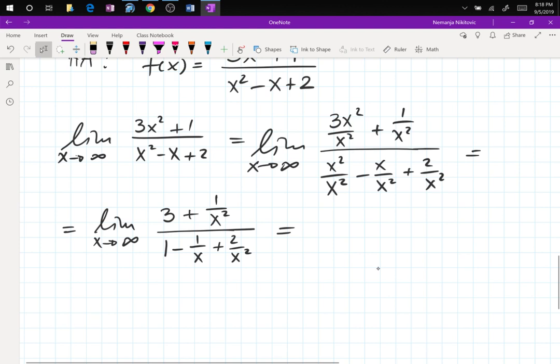So you have a limit of 3, then you have the limit of 1 over x squared, and each one individually, right? What would be the limit as x goes to infinity of 1 over x squared? So technically you are dividing 1 by infinity. What is 1 divided by infinity? Goes to 0.